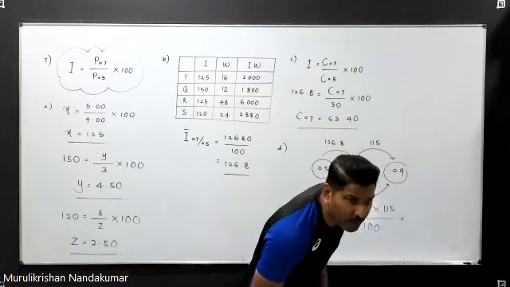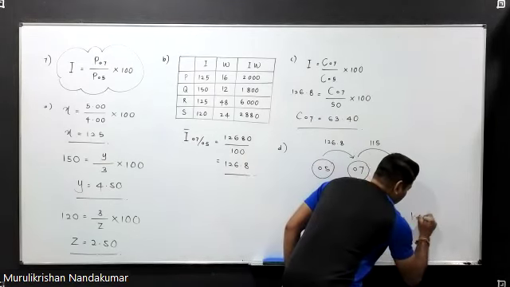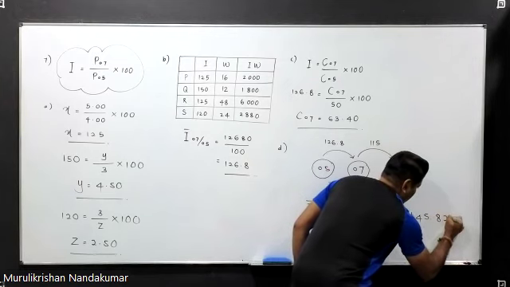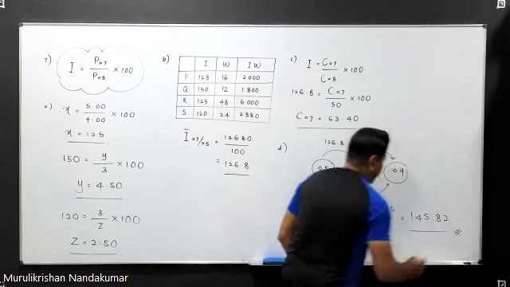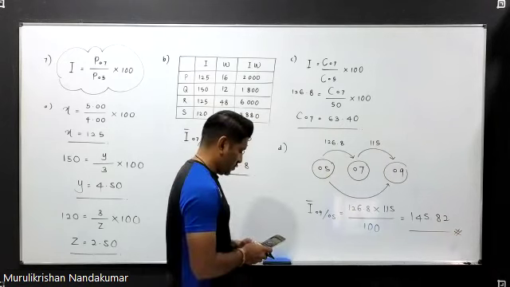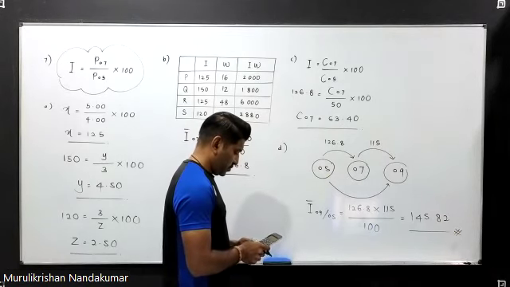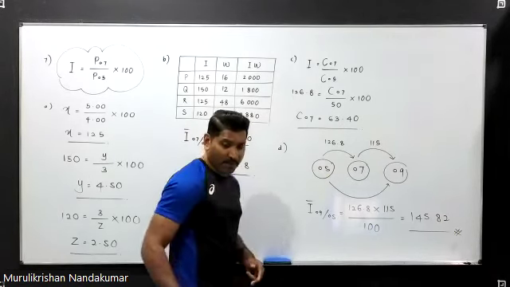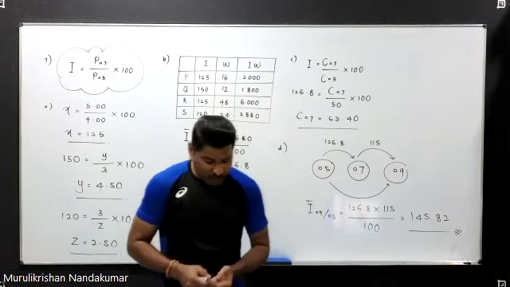One, 4, 5, 8, 2. This is your friend's answer. Okay, Aris. Okay. So good. One more question.